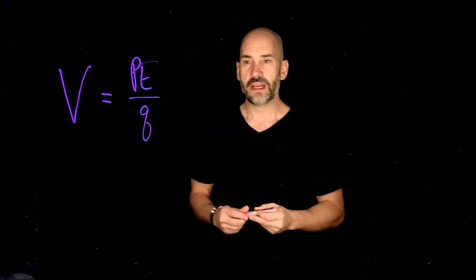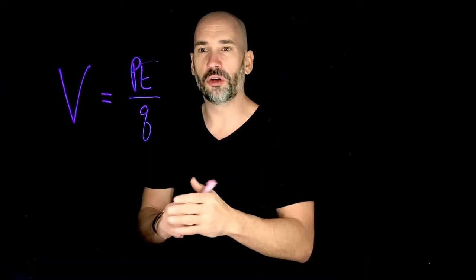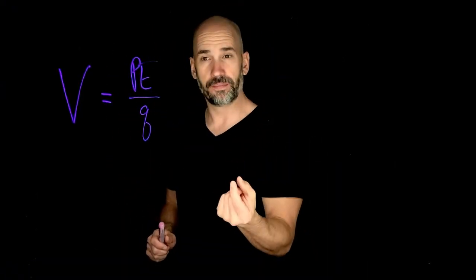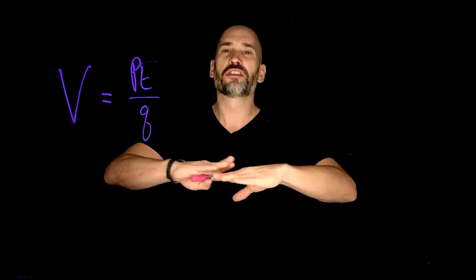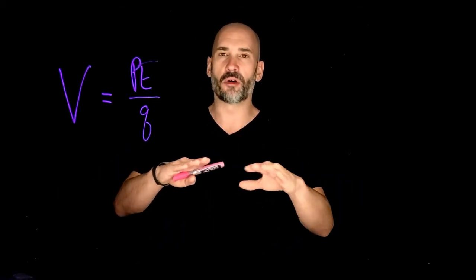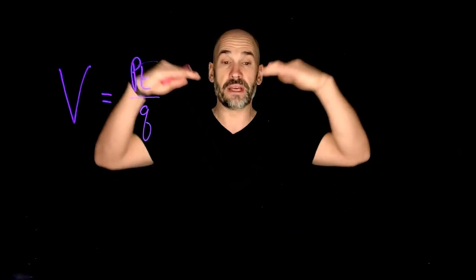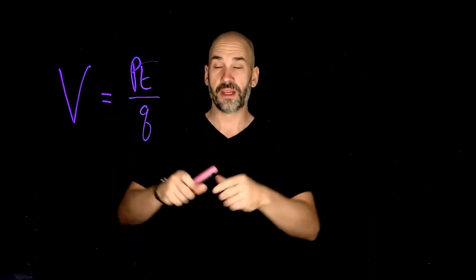Okay? So this is like saying, all things being equal, how much energy is there per charge, not how much energy per particle. Okay? And that kind of levels the playing field a little bit, and it makes it a little bit easier to look at electricity from a big general standpoint.